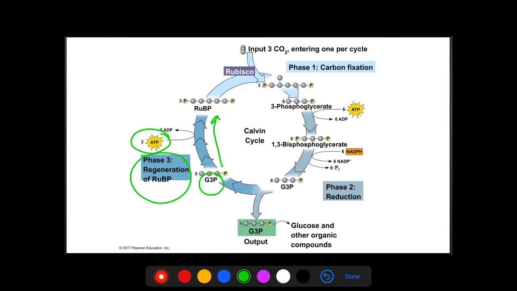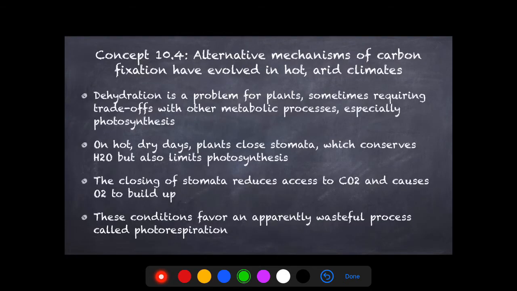And then RuBP will be ready to get CO2 in order for another turn of the cycle to occur again. So this is the third phase that happens. That was 10.3. If you need to pause the video in order to go through it, please do that so that you can keep up with it.